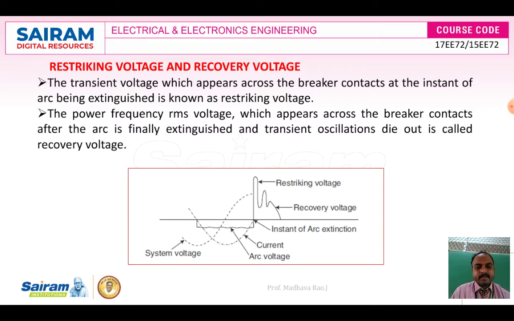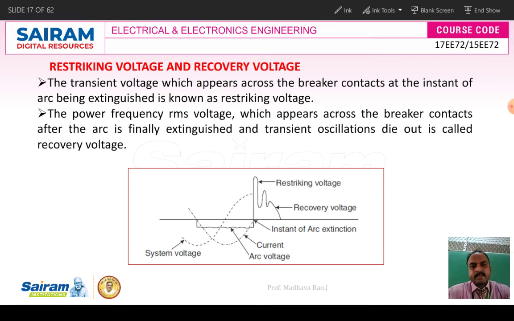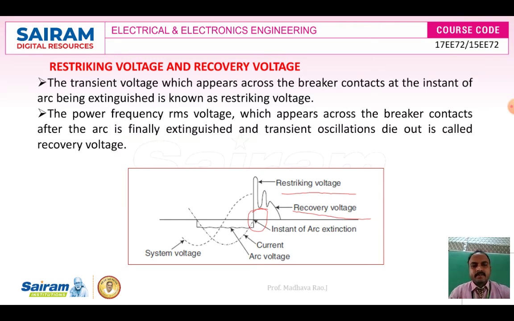At the instant of arc extinguishing, these two voltages, restriking voltage and recovery voltage, come into consideration. Restriking and recovery voltages are most important in circuit breakers when the arc is extinguished. If you remember those two terms, you can write about restriking voltage and recovery voltage.